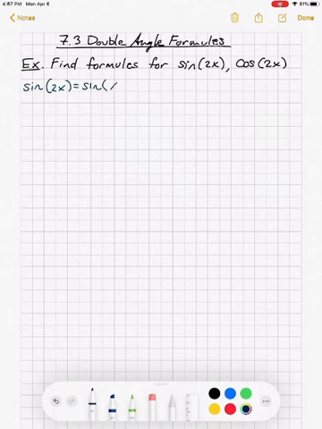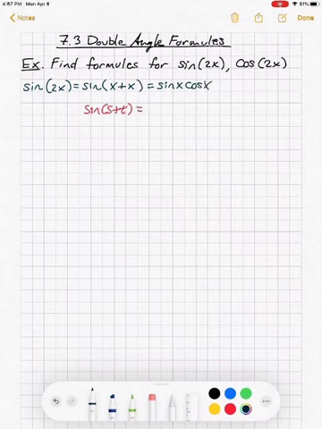Well, can't I write 2x as x plus x? And then can't I use my formula, the one for sine of s plus t? Remember that one from the last section? So how does that work? Sine of the first, cosine of the second, plus sine of the second, cosine of the first.